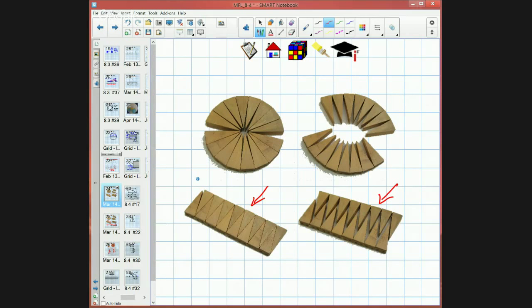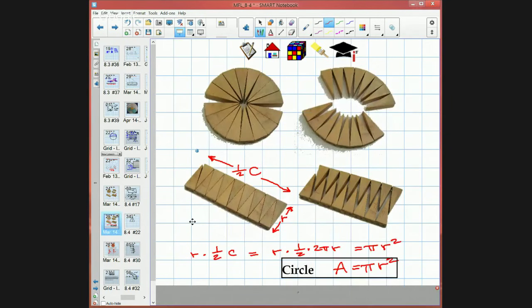Now, keeping that in mind, look at this next slide. How do you find the area of a rectangle? Length times width, right? Well, why did I call this longer side of the rectangle 1/2 C?